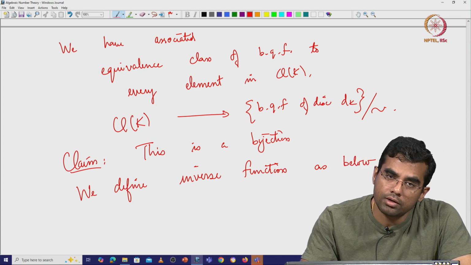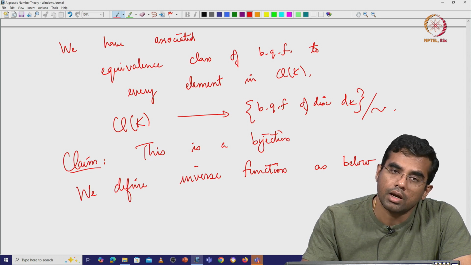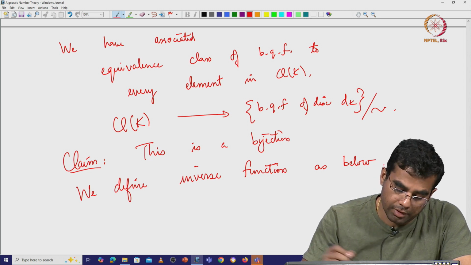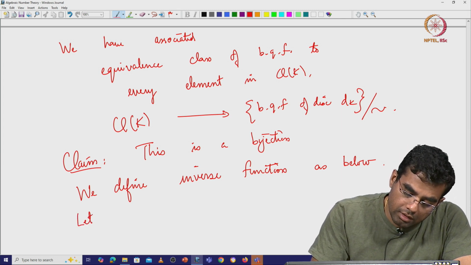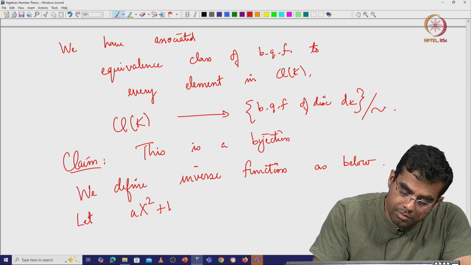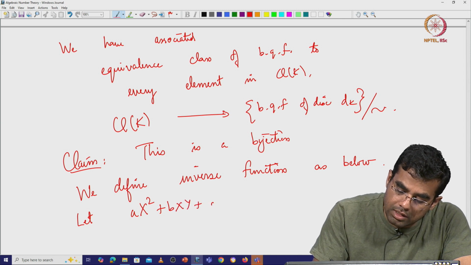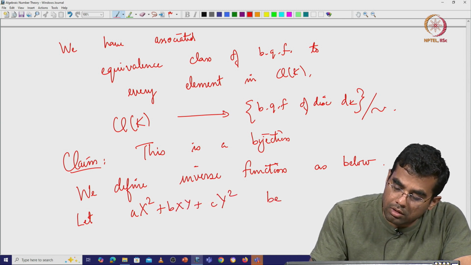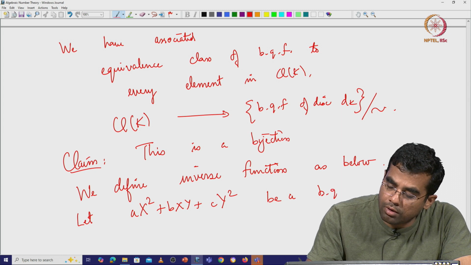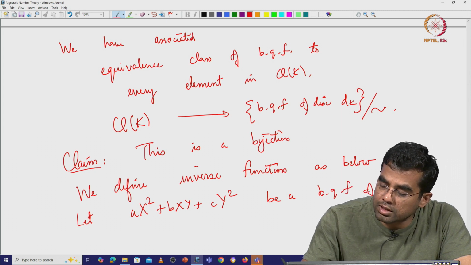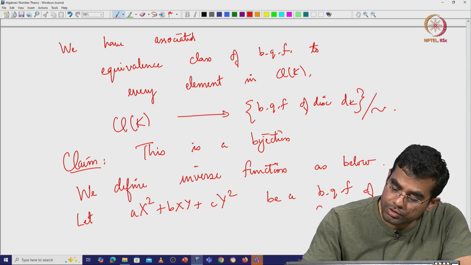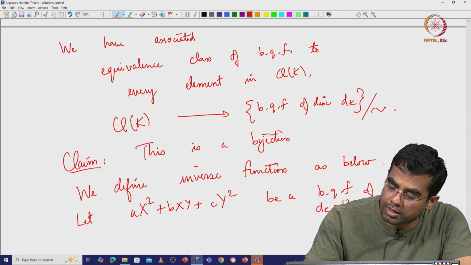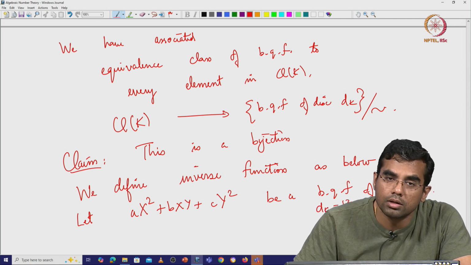We need to start with a binary quadratic form in an equivalence class and get an ideal class out of it. So how do we do that? Let a x squared plus b x y plus c y squared be a binary quadratic form of discriminant dk, that is kind of important. So dk is b squared minus 4ac.